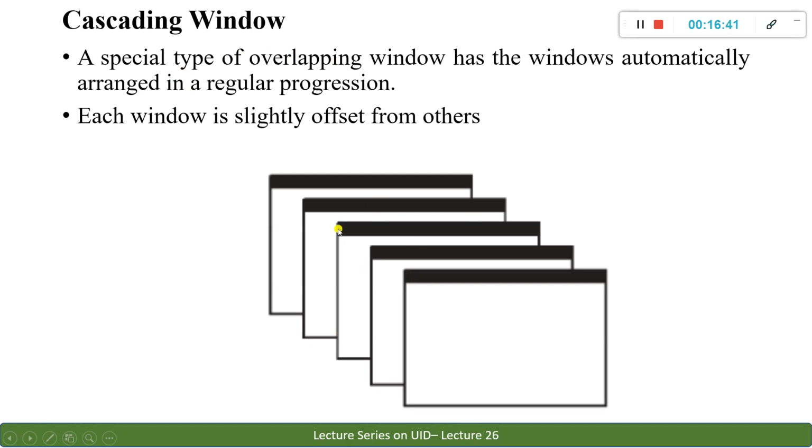The only thing is that they are arranged in a very systematic manner. That is, from the first window to the second window, there is slightly an offset given. And the same offset is between the second window and the third, between third and fourth, similarly between fourth and fifth. So you are maintaining a very constant offset between the windows. If you have that in the overlapping windows, you can get a better view, and that kind of view is called a cascading window.